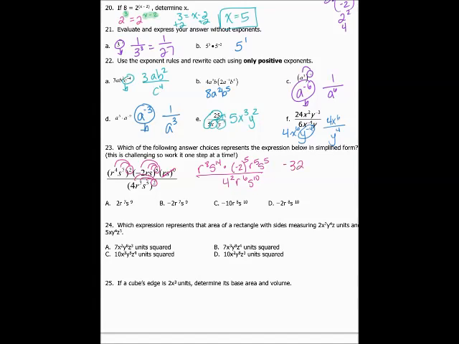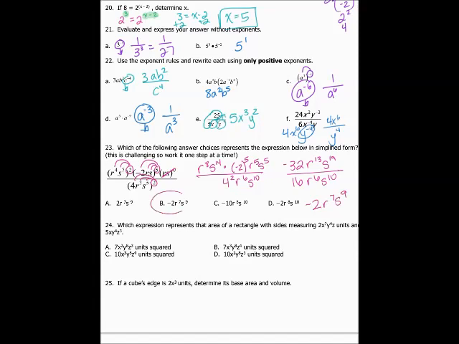Then I'm going to add my exponents on my variable, so that's r to the 13th, s to the 19th, divided by, so 4 squared is 16, and then r to the 6th, s to the 10th, so if we divide, that's negative 2, r to the 7th, s to the 9th.